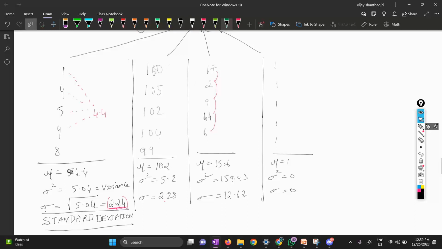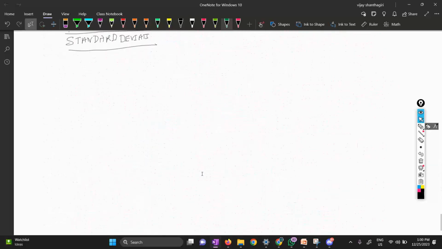Suppose I scale this data, now assignment for you. Suppose I scale this data by 10. What is the meaning of scaling this data by 10? Suppose we scale a distribution by x.